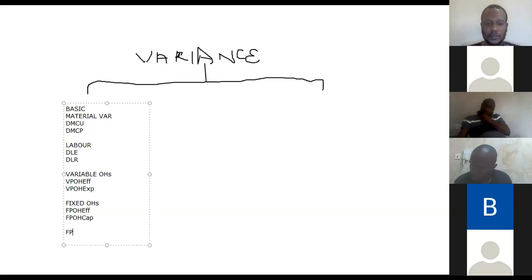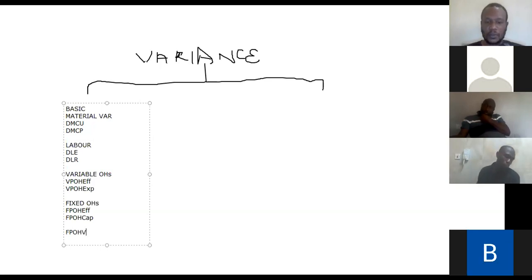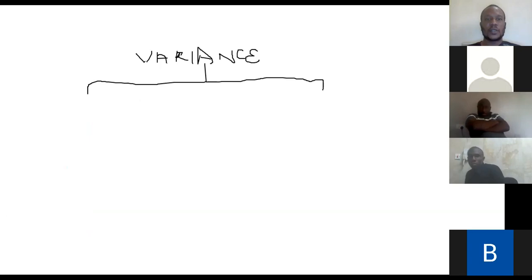So fixed production overhead volume, and expenditure. The only thing I want to mention is that these two together are our volume variance.